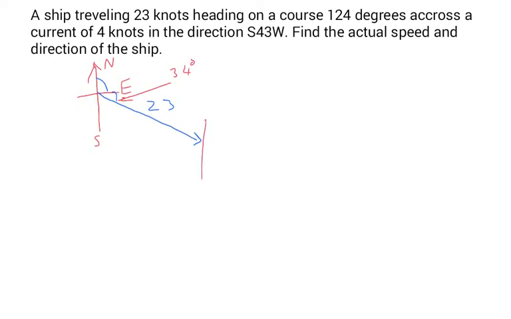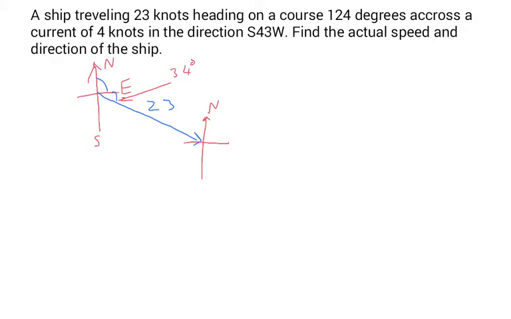Now we'll draw another set of bearings up here. Now, that's north. Now we have the crosswind, the current, at 4 knots going in the direction south 43 degrees west.